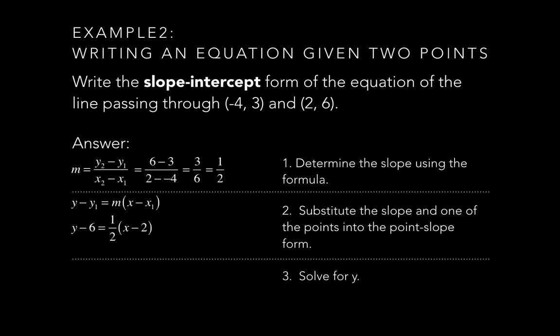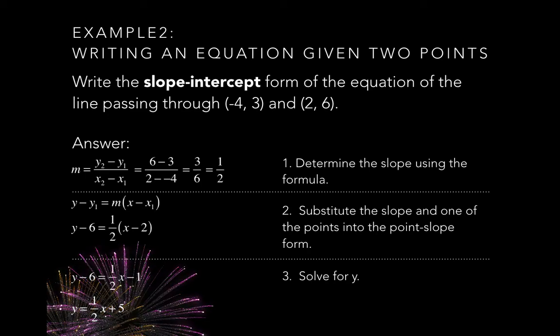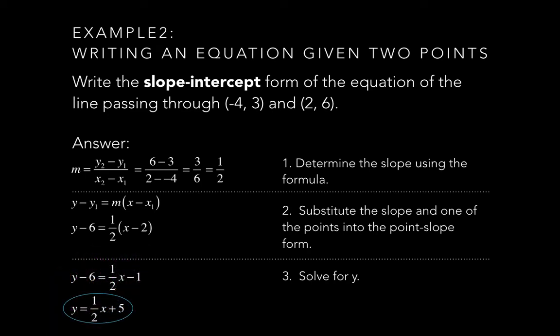Now we're going to solve for y because we want it in slope-intercept form. Slope-intercept is y equals mx plus b. So if you distribute the 1/2 and then add 6, you have the equation in the specified form.